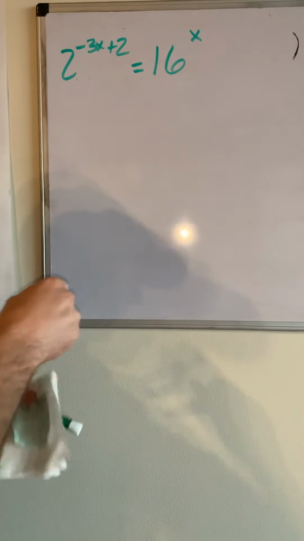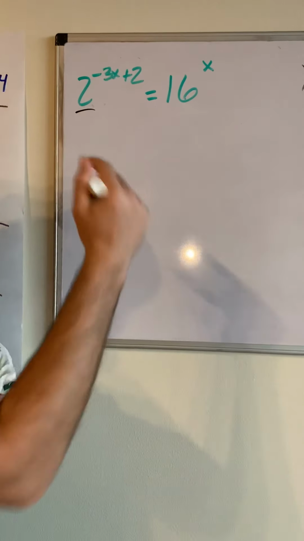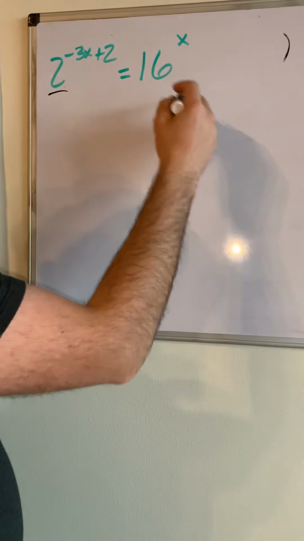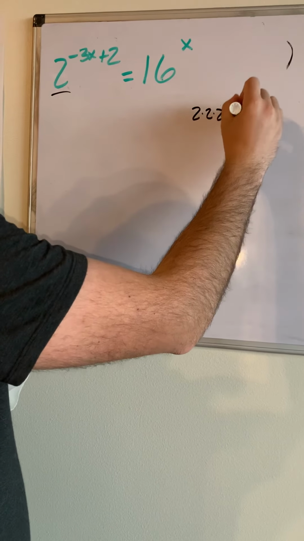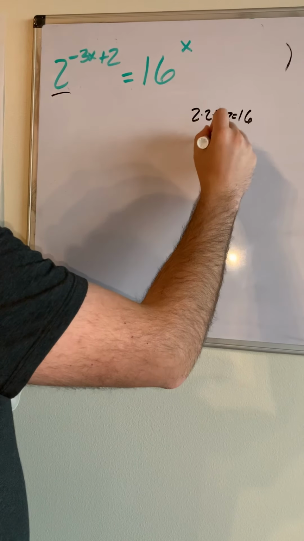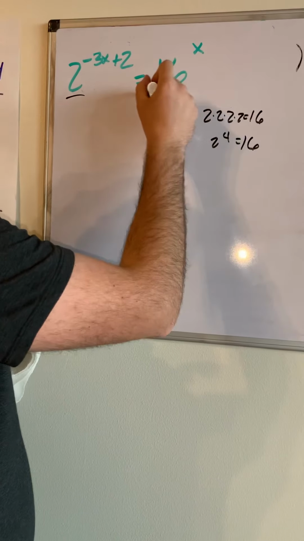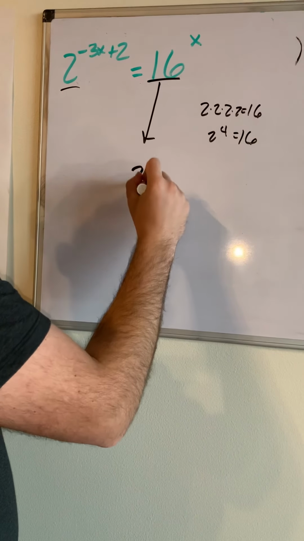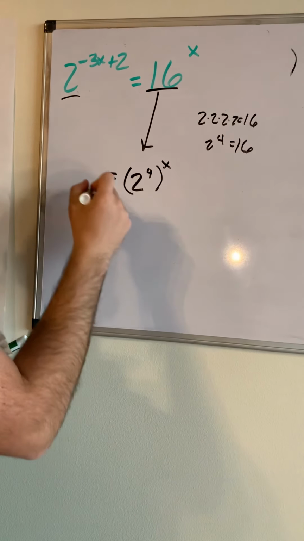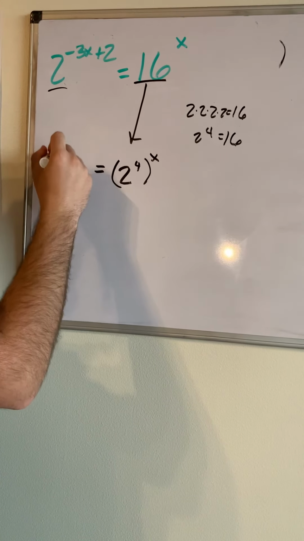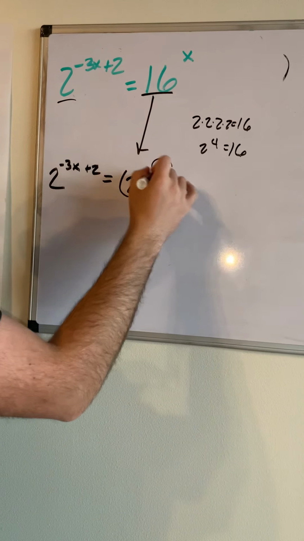Well, my base has to be 2. You always choose the smallest number for your base. I know that 2 times 2 times 2 times 2 equals 16. So that would be 2 to the 4th equals 16. So this changes from 16 down to 2 to the 4th to the x, and I have to multiply these.